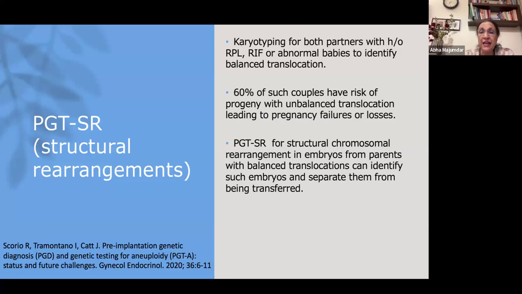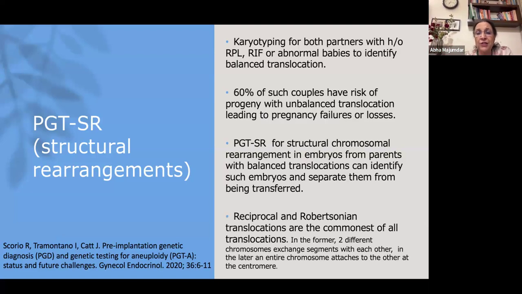So if we can test and see which of the embryos have a balanced translocation and which embryos have an imbalanced translocation, the imbalanced ones can be separated out, not transferred into the woman who has had multiple miscarriages before, to prevent further miscarriage.